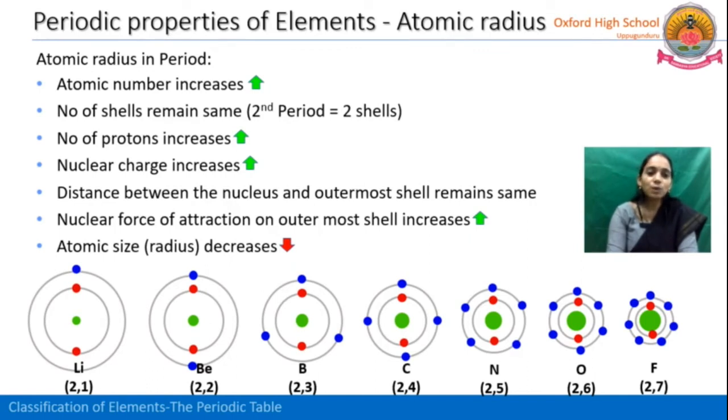So the nuclear force of attraction increases, and as a result the attraction between the nucleus and the outermost shell increases, so the size of the atom decreases. Finally, we can conclude that the atomic radius in a period decreases from left to right because of the nuclear force of attraction.